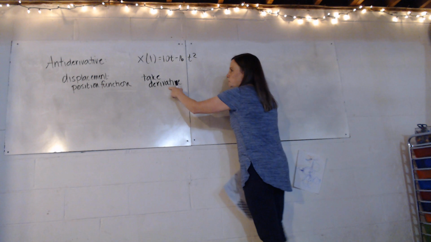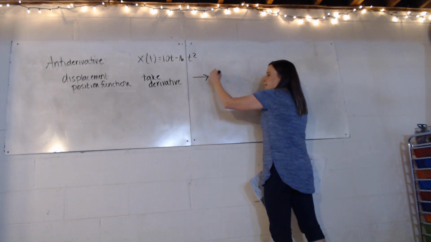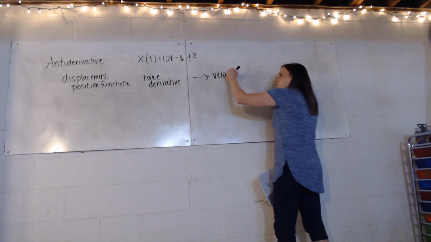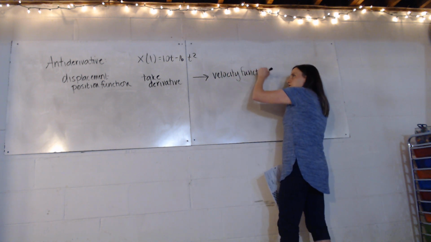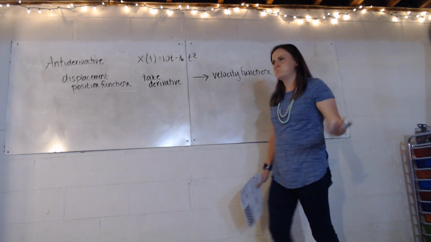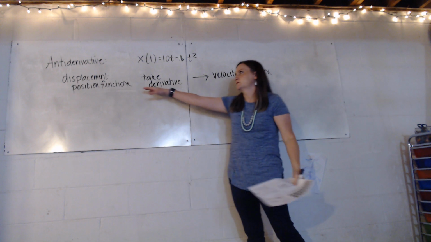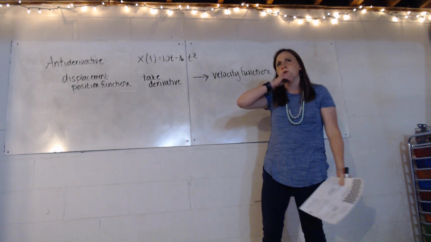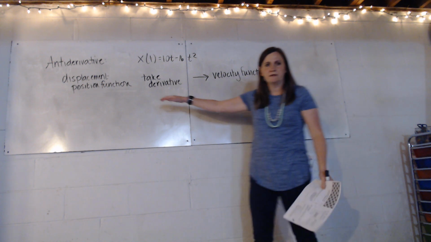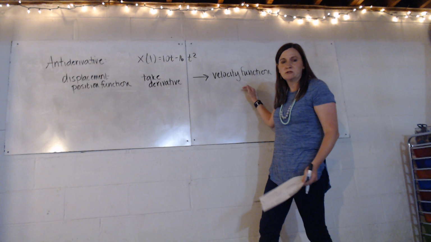Okay, so I took the derivative of that and I ended up with a velocity function. And again, we've done it with formal plain functions, with functions for position, with functions for area, for all manner of things. But I have a function, I took the derivative of it, and that gave me this new thing.